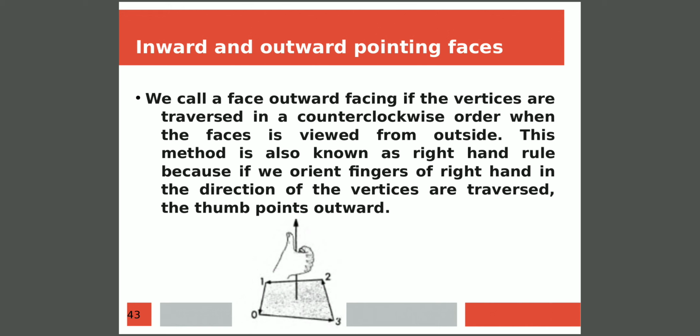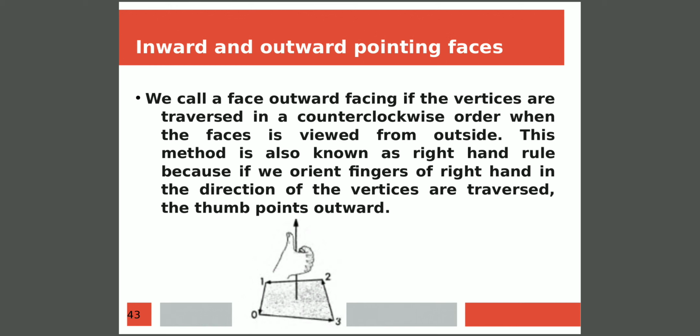If the order of vertices that you give for a face is in the counterclockwise order, for example, when you observe the below diagram, if it is 0, 3, 2, 1, then in such a case we'll call such a face an outward face of a cube. This method is also known as the right hand rule. That means when you specify the vertices of a polygon, you will specify the vertices in a reverse order.